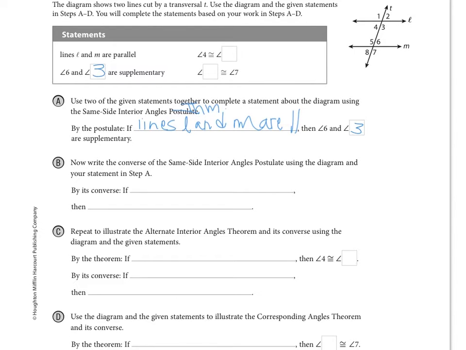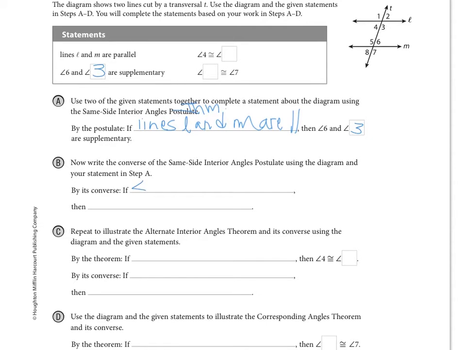Now we're going to take that same logic where if the lines are parallel, then the angles are supplementary, and we're going to turn it on its head. By its converse, we're switching the P and the Q locations of the parts of that statement. So by its converse, the second part, what followed the then, is going to be the if.